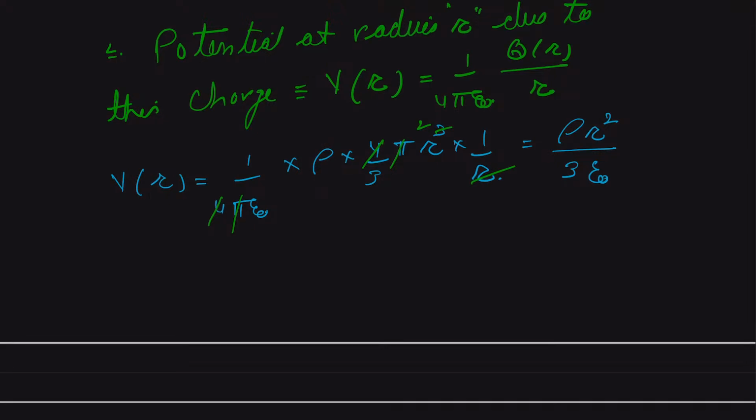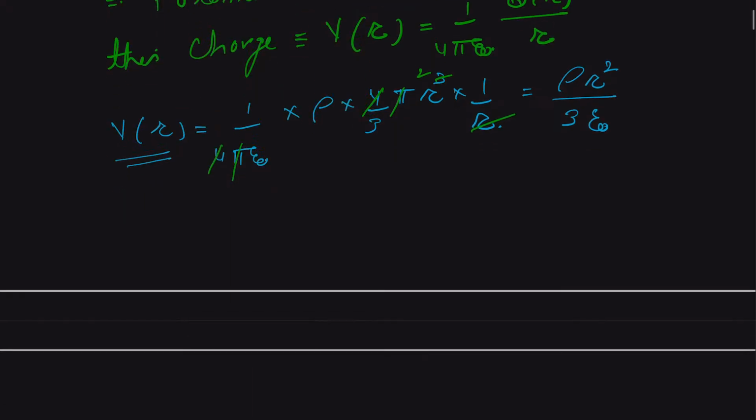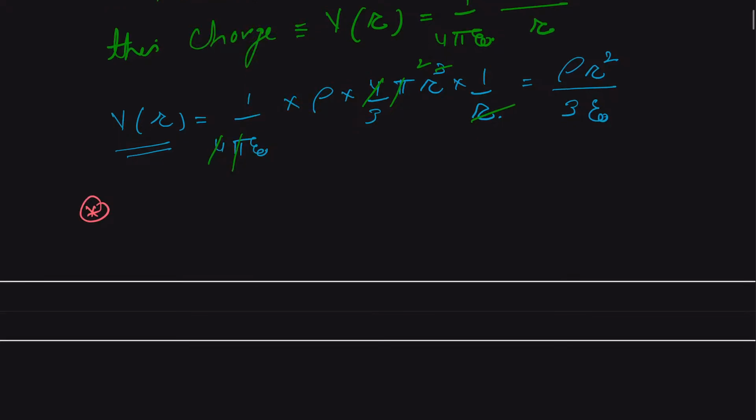Now we have to do the work against this particular potential. Like I said, we are going to bring shells from infinity near this sphere. So first of all, let's find out what will be the charge on the thin shell added at radius r.